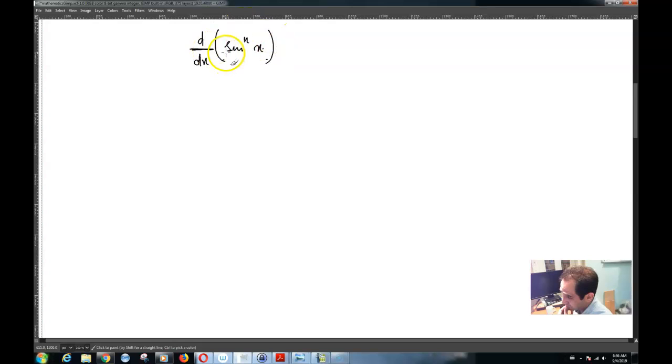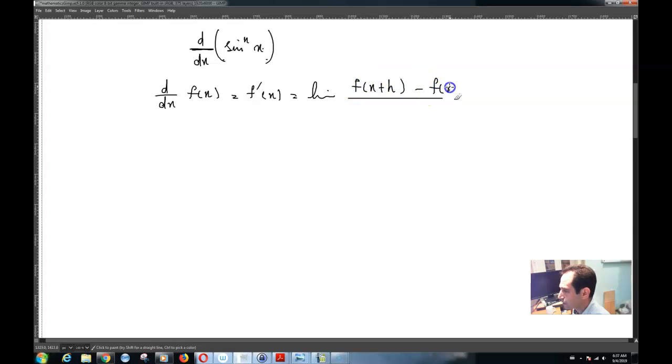So I think we need to just simply use the first principle, meaning that d by dx of f of x is equal to f prime of x is equal to the limit of f of x plus h minus f of x over h when h tends to 0.